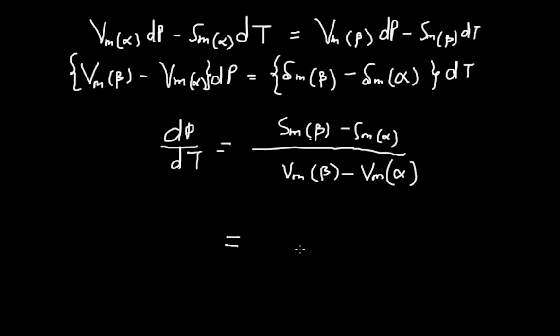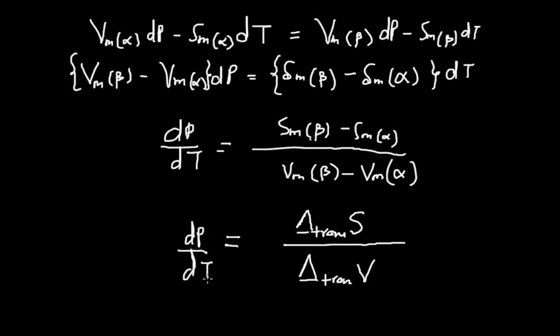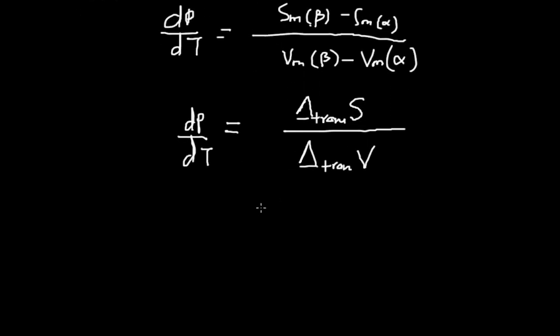So this is the change in entropy of transition, and this is your change in volume of transition. So dP by dT. This is called the Clapeyron equation.